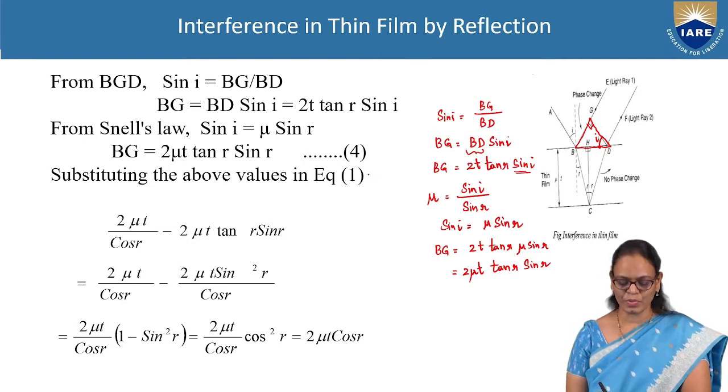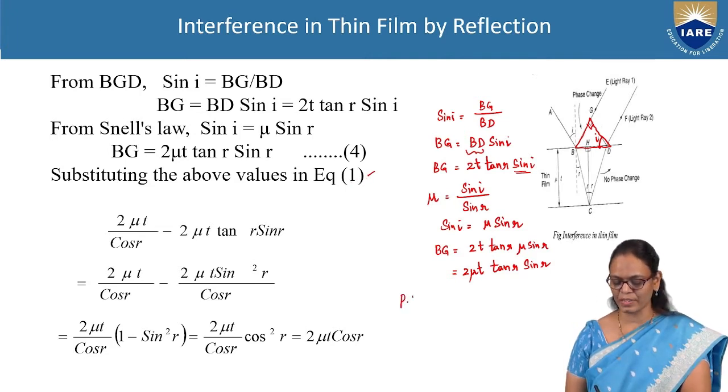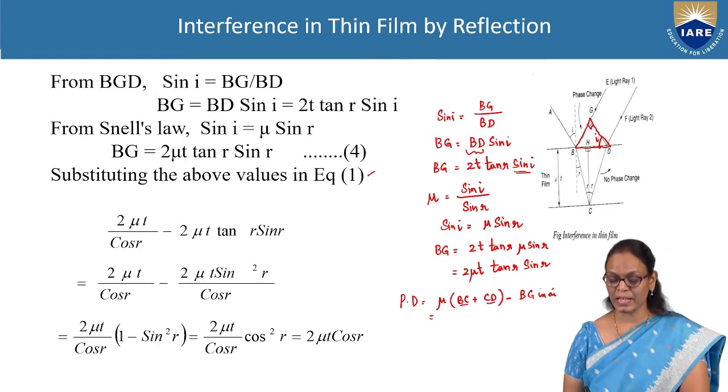Now we are going to substitute these values in equation 1. What was our equation 1? To get the path difference. The path difference is given by mu into BC plus CD minus BG in air. We have already calculated BC and CD. BC is t by cos r and CD is also t by cos r.